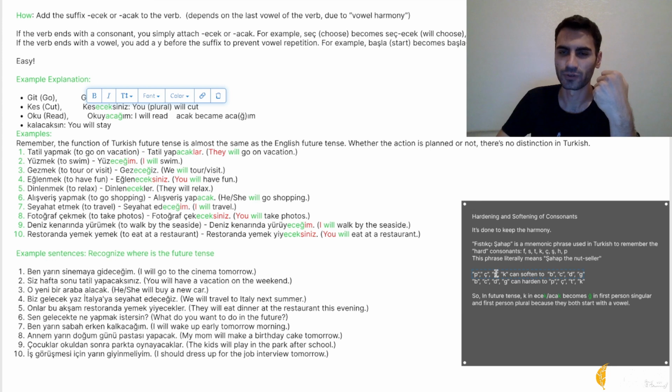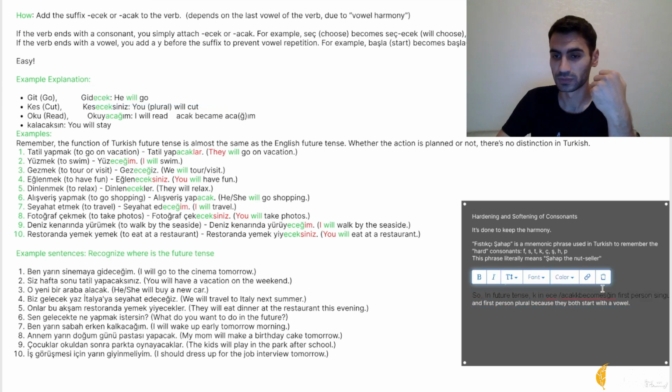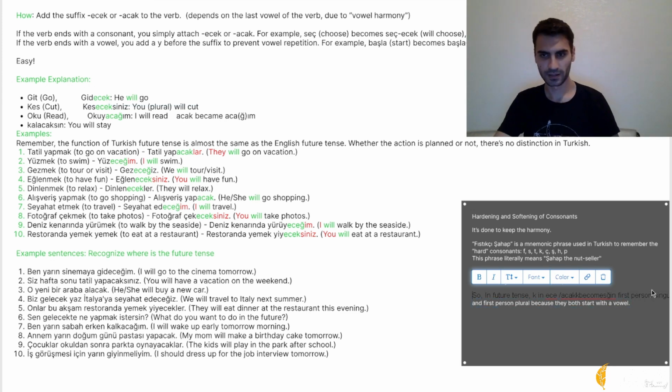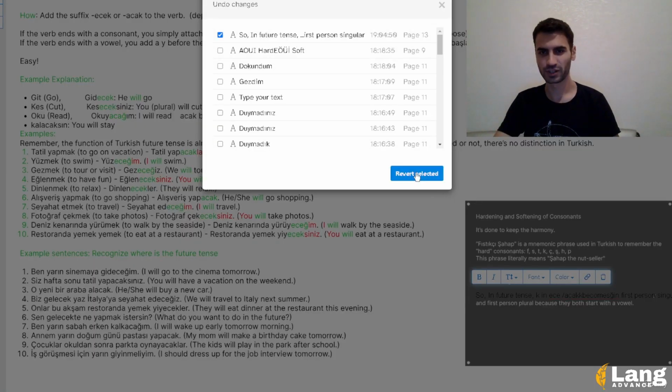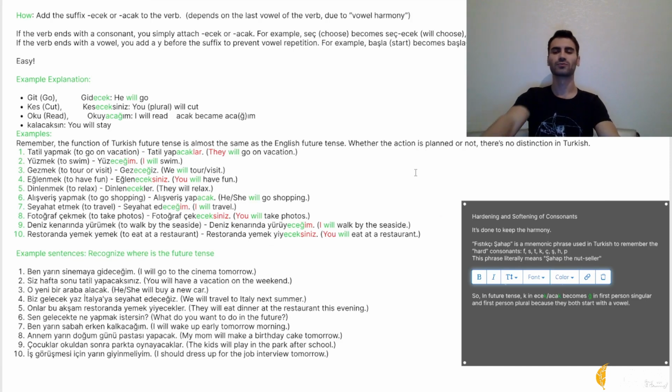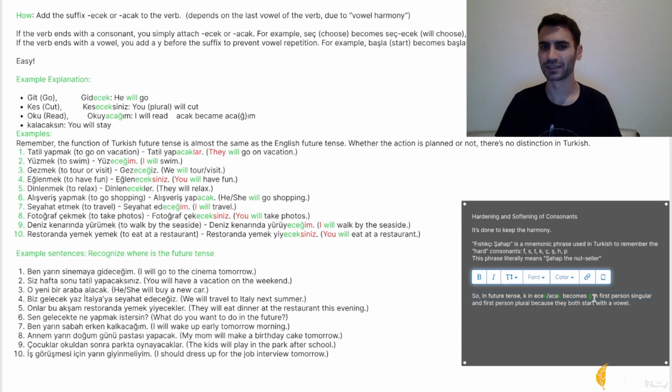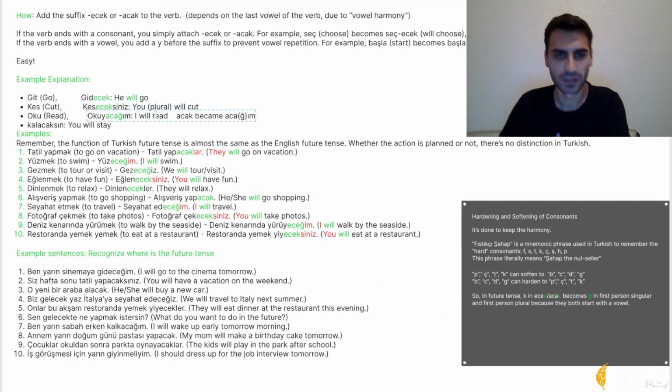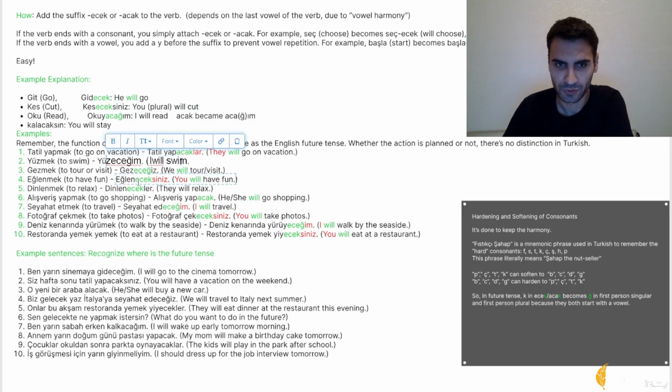D is the softer version of T. G is the softer version of K. And the softest letter in Turkish alphabet is yumuşak G. There is only one softest, and it's yumuşak G, because its name is yumuşak, soft G. Okay, and in future tense, K becomes yumuşak G.